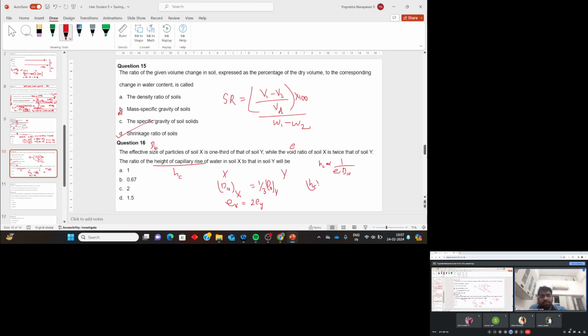and Hc X by Hc Y will be equal to e of Y into D10 of Y by 1/3 D10 of Y into 2 e of Y. Are you clear now?